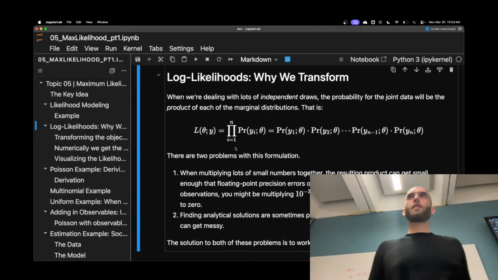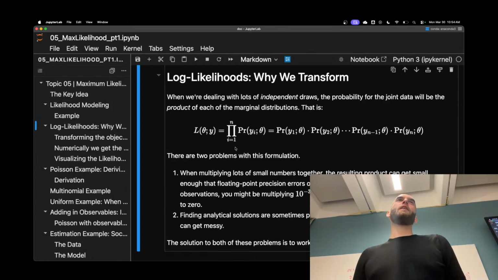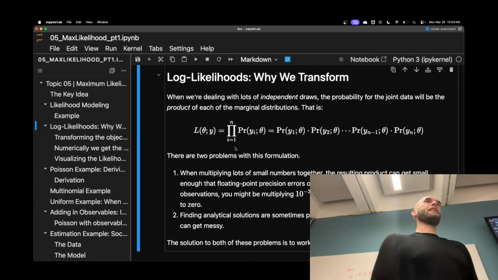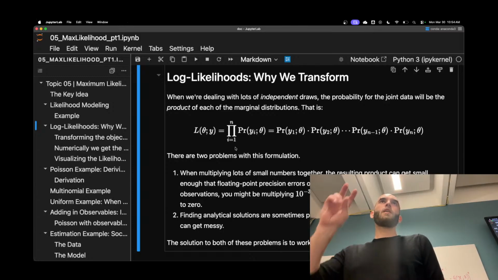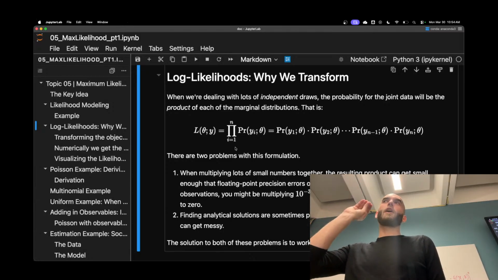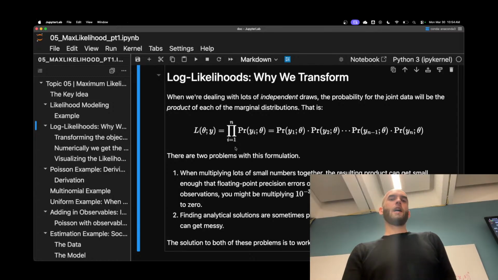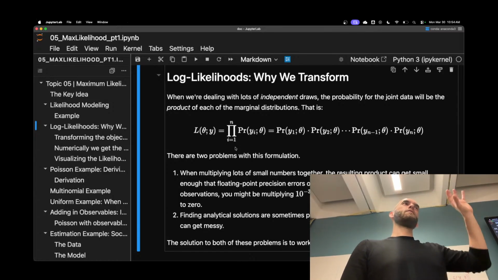What we're going to try to do is find the maximum value. And we can do this analytically for some problems. But if we have a multiplicative likelihood function, this gets ugly. So these are our 2 problems. And we're going to try to fix both of these problems with a simple transformation.